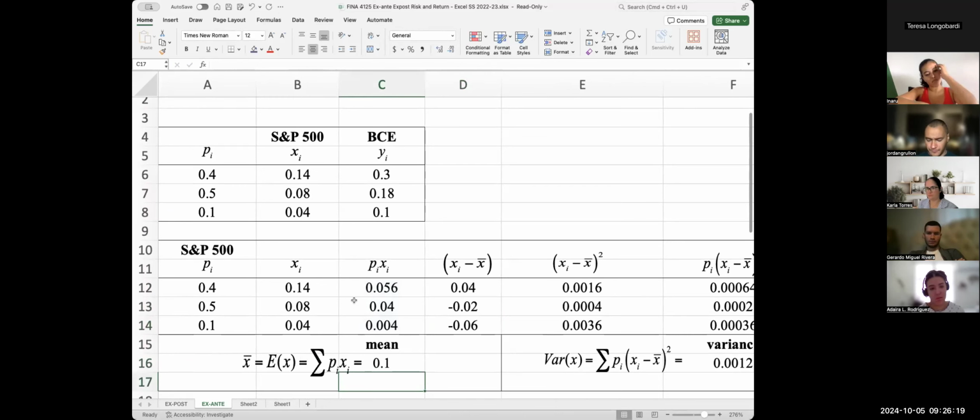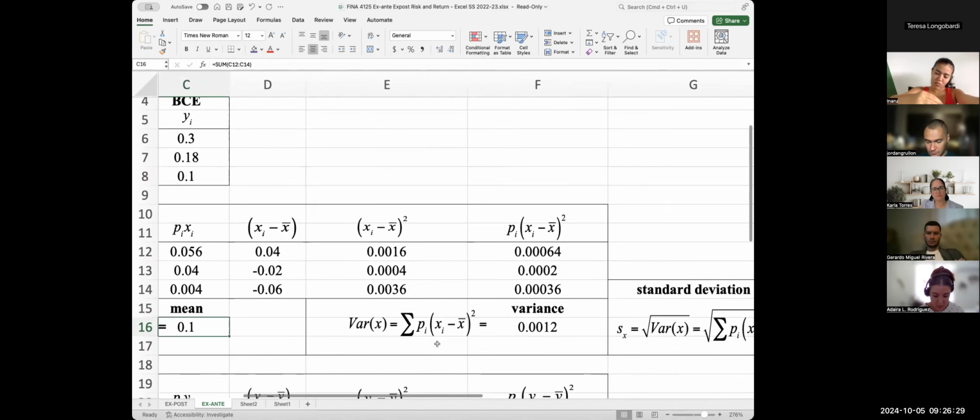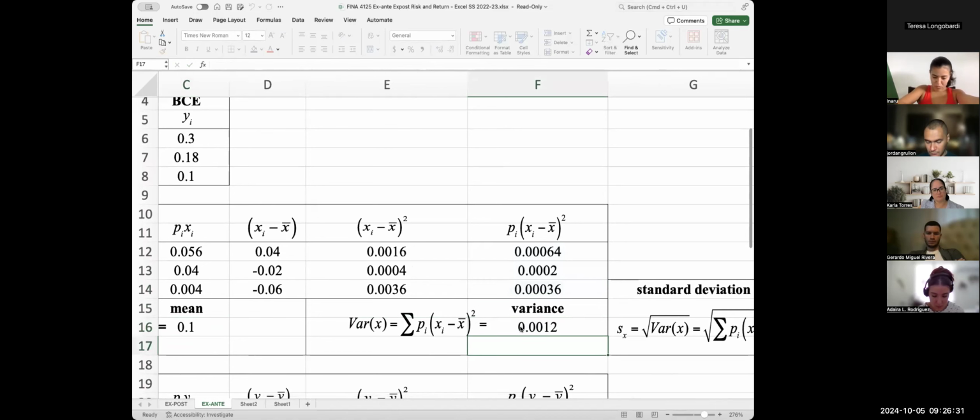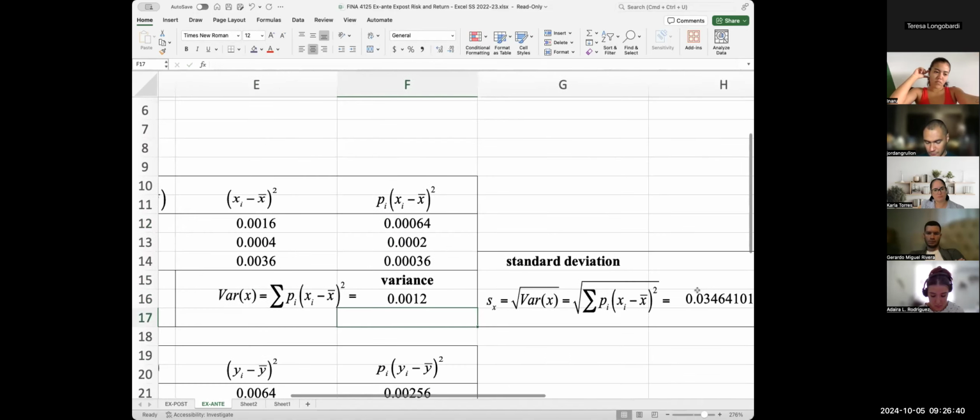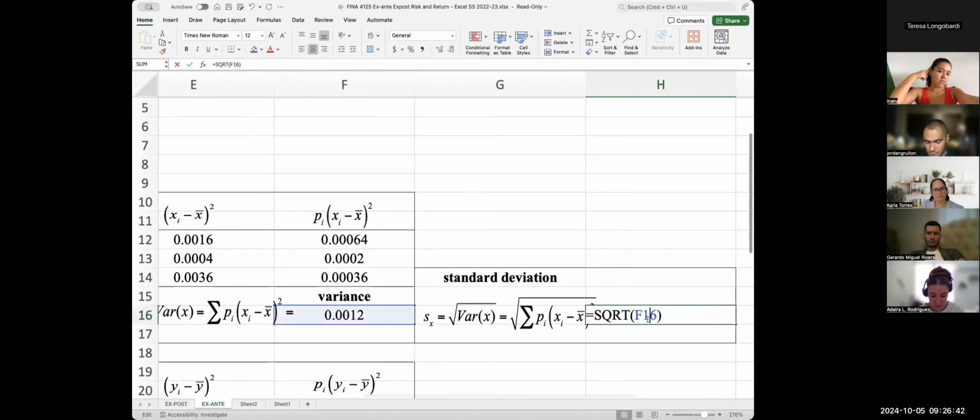So you can download it and change the values and check the results, basically. The results are on the solution page. And then here for the variance, we're going to do the square deviations from the mean weighted and summed. And then the standard deviation, I put all the formulas in. And so that's the result.